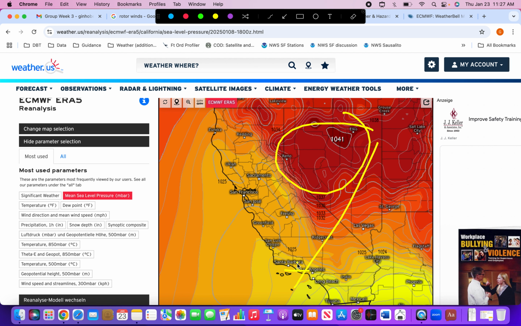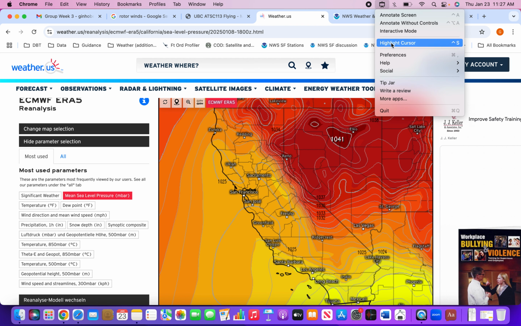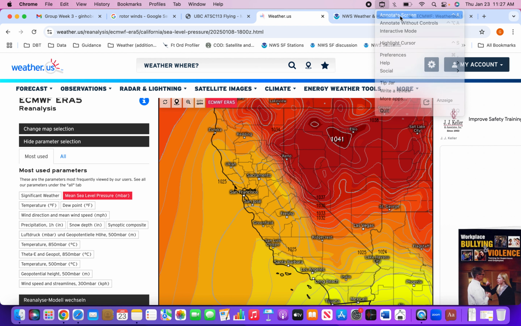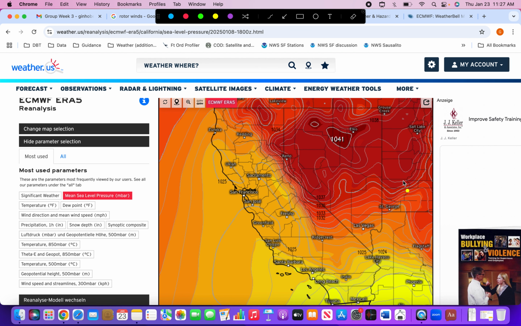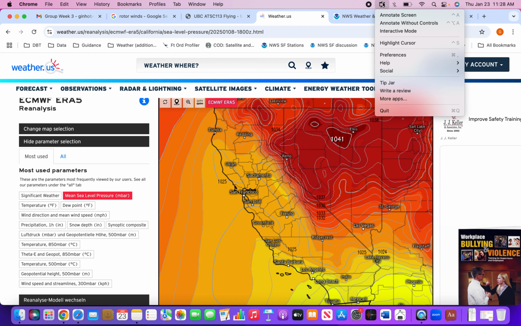It drove the winds more of a northerly component than usual. Historically, these systems tend to set up further to the south and east, more like the St. George region. And when they do that, the wind flow is more out of the east. This is a classic Santa Ana wind event. What we had is not so common.